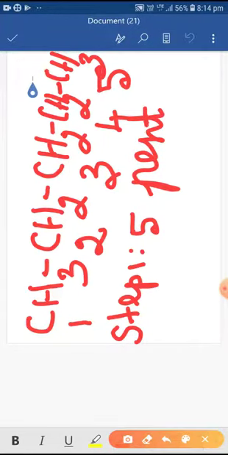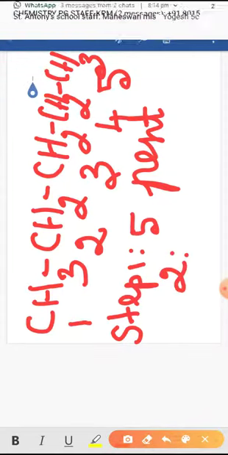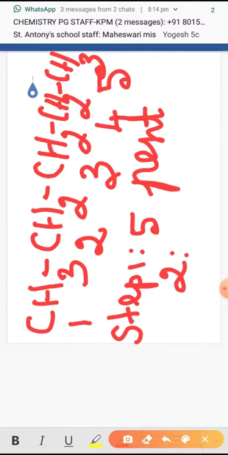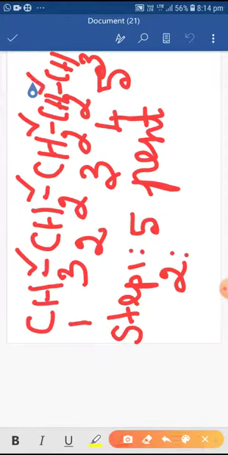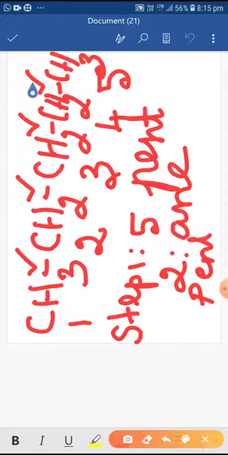The next step, step 2. All the bonds between carbon atoms are single bonds: single bond, single bond, single bond, single bond. Thus, the suffix is "ane". So this compound name is pent plus ane.